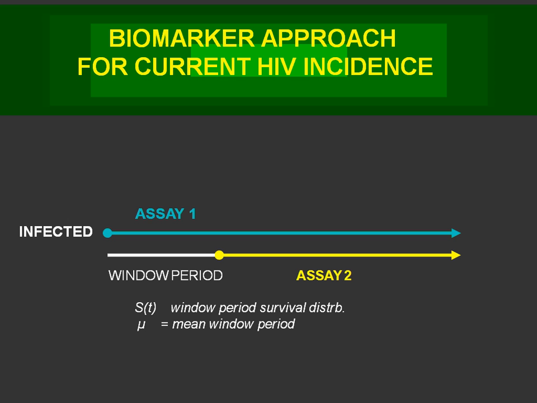Now, the window period of infection is not a fixed number, but it's a random variable. So S of T is the survival distribution, say, of these window periods, and it has a certain mean window period, mu. So mu is the mean of those window periods.